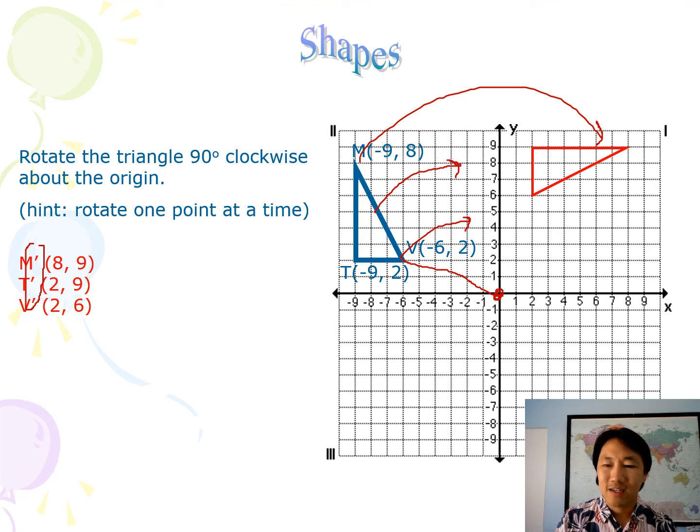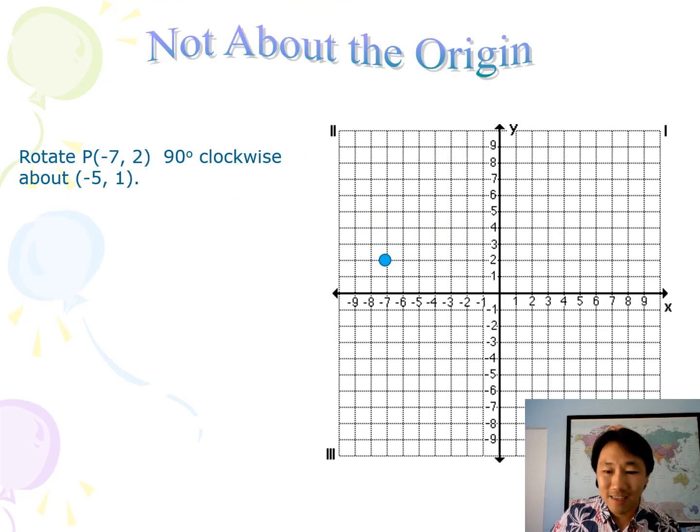All right. Last thing for the day is kind of tricky. What happens when we don't rotate around the origin, but instead we rotate about a certain point? When that's the case, none of those rules will work, and you have to kind of visualize everything.